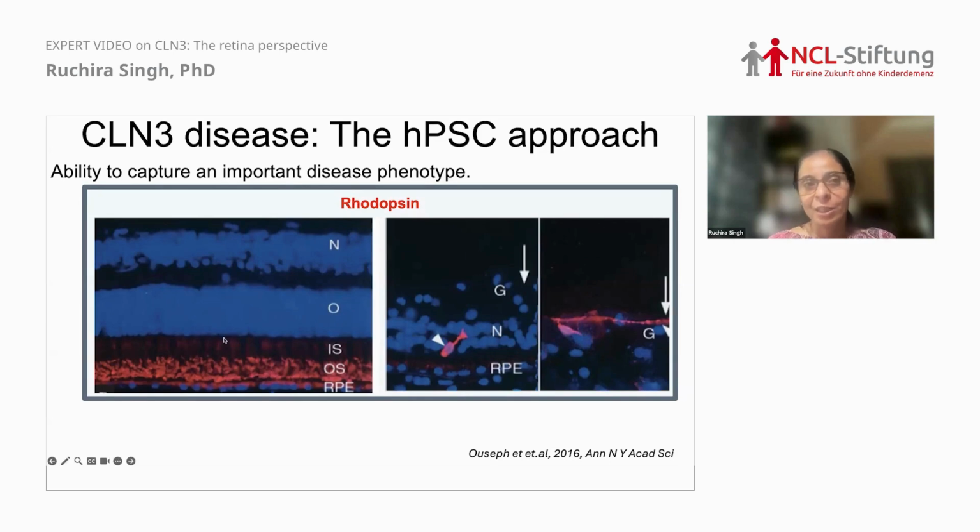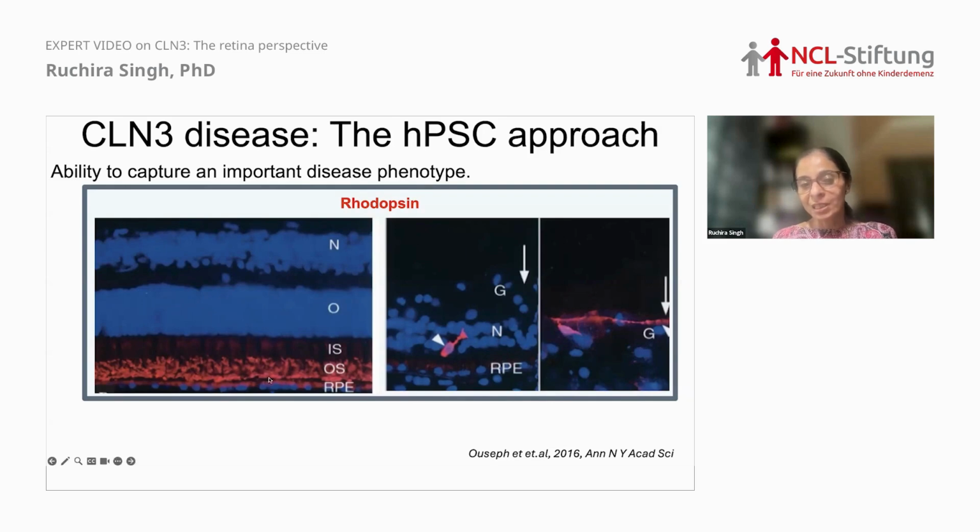And this is just emphasizing what I just showed you, that this is a human donor eye. And you see that complete loss of rhodopsin here. And this is normal human donor eye, and this is patient-derived human donor eye on the right. And you can see in the patient donor eye, there's complete loss of outer segments, which is basically what is mimicking what's happening in the iPSC-derived cell model.